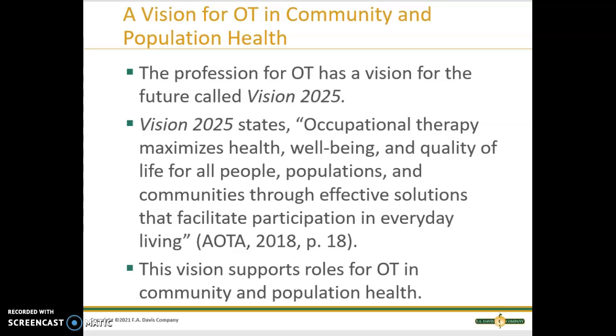So as we look at that, keywords here, people, populations, communities, health, well-being. You don't get any more community-based, primary care-based, preventative-based than this statement here from Vision 2025. So the vision clearly supports our role in community and population health.